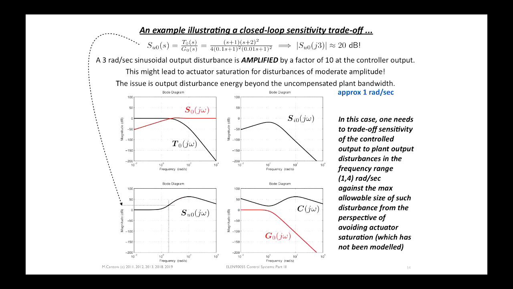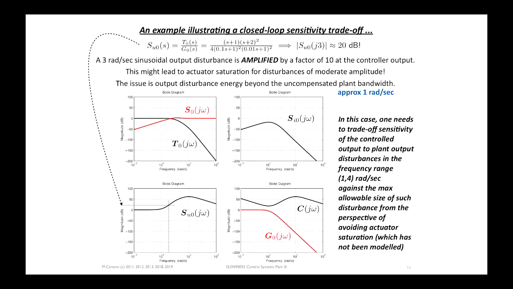And this is something that you need to take care of, because it's saying that we're going to get large signals at the output of the controller for disturbances that are consistent with our specification. That may or may not be a problem depending on the nature of your actuators. Often actuators can deal with signals in a particular range, and once you go beyond that range, they don't do what you tell them to do.